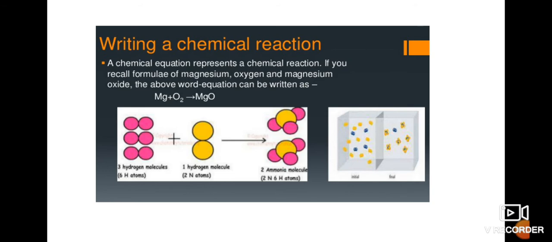Okay, so here we have just mentioned a simple equation, magnesium reacting with oxygen molecule to give magnesium oxide. So this is a skeletal equation. Remember, we have not balanced the equation. So any unbalanced equation can be called a skeletal equation.